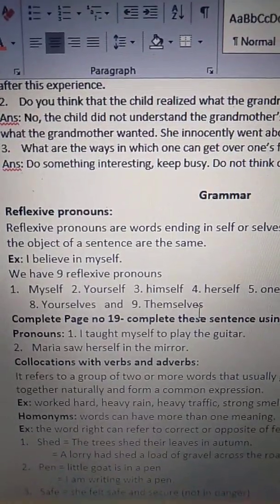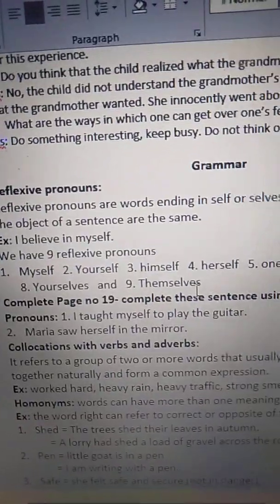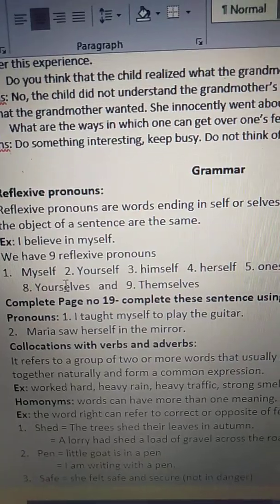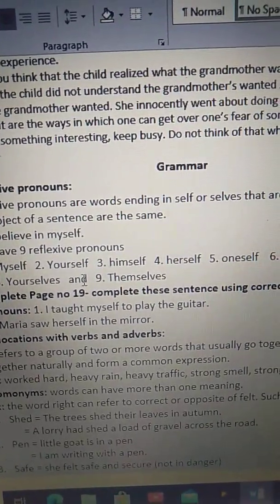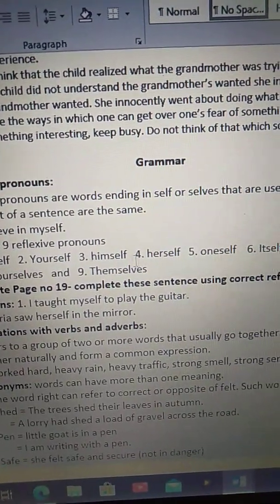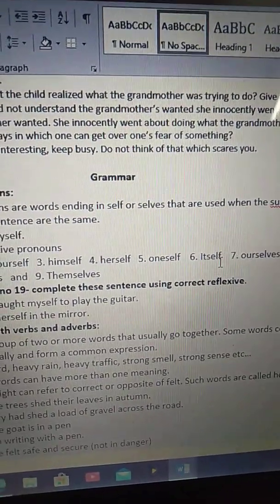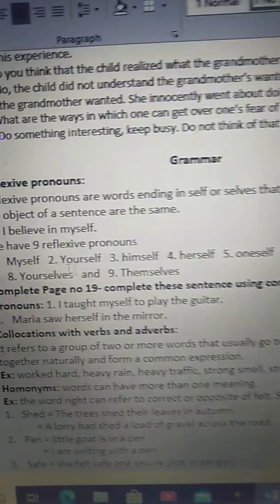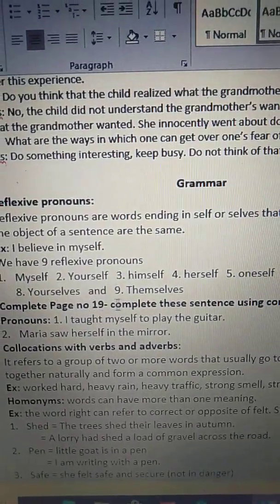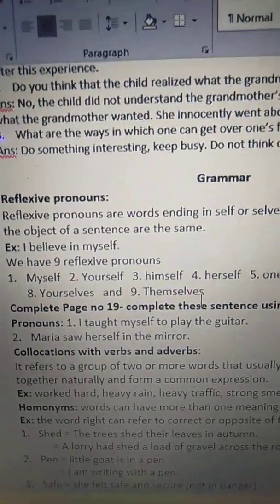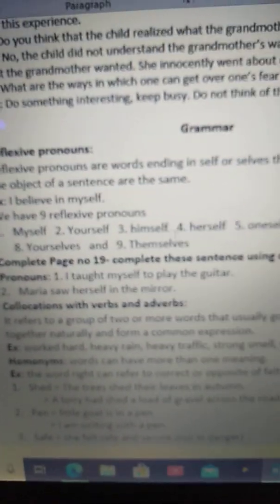These 9 are reflexive pronouns. These are reflexive pronouns. Okay.